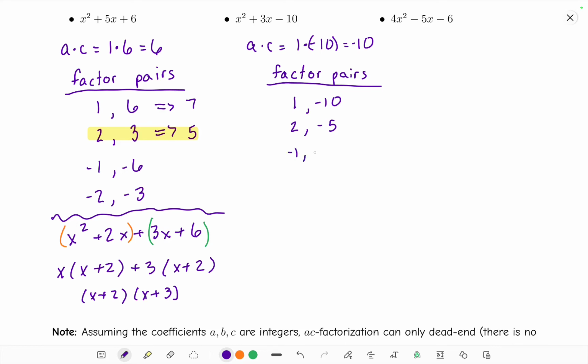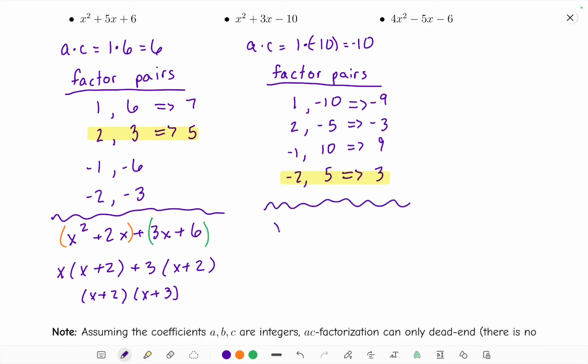Then we have negative 1 and positive 10, and negative 2 and positive 5. And then you add them up again to see which add up to positive 3. So we get negative 9, negative 3, oh, that's close, 9, and then we get 3. So we're going to use this last factor pair.